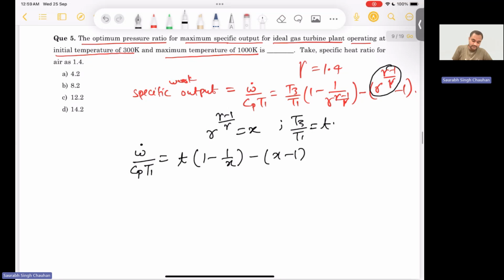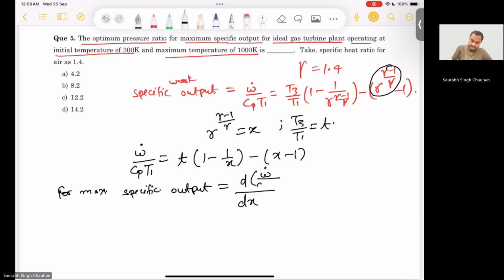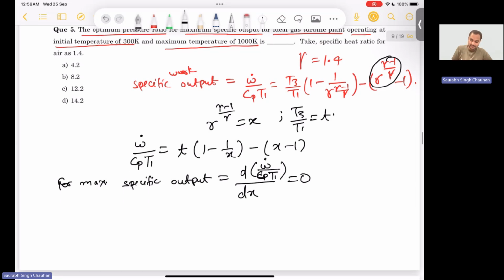So for maximum specific output we can differentiate this, d by dx of w by CpT1, and we will make this equal to 0.